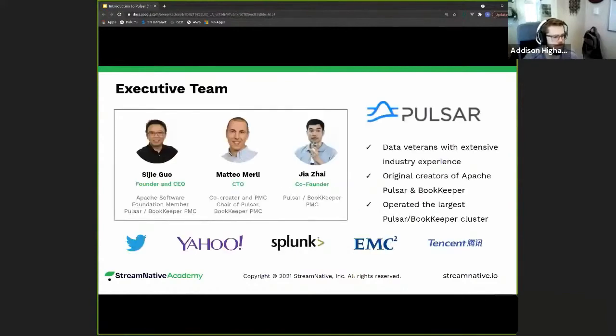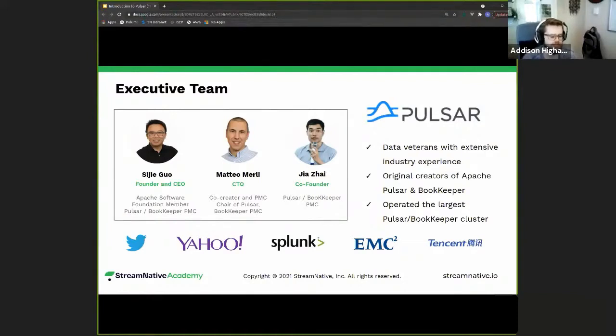First, the team. StreamNative is founded by many of the original developers of Pulsar. CJ and Matteo both worked on Pulsar initially within Yahoo. Matteo is the PMC chair of Pulsar, and CJ is another PMC member, with also Ja, our other co-founder, who is a Pulsar and BookKeeper PMC member.